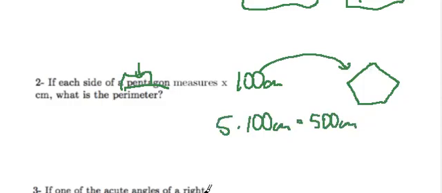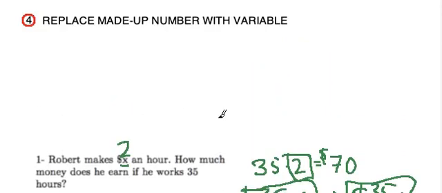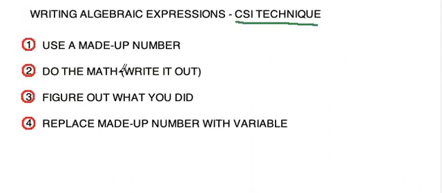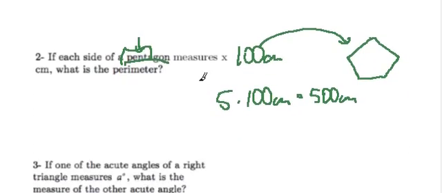Now, an important part of this technique, and we saw it in the last one, you see it here as well. If you go back and look here, it says write it out when you do the math. It's important that when I replaced my variable with a number, I then wrote out the math I was doing, 5 times 100.